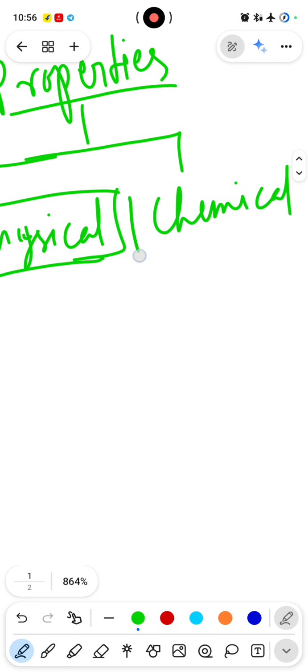So how many physical properties are there? There are many physical properties.